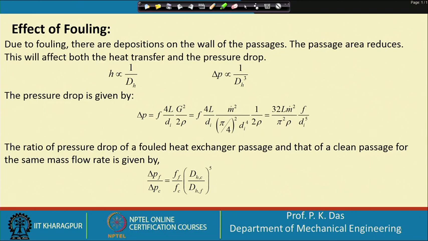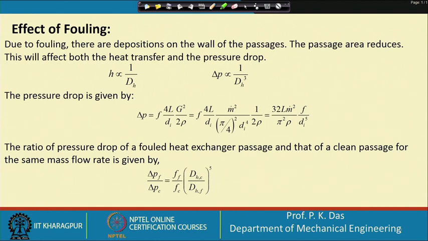If we consider that only the passage area changes, that is only the hydraulic diameter is affected, then from basic physics, heat transfer coefficient is inversely proportional to hydraulic diameter, and delta P, that is pressure drop, is inversely proportional to the third power of hydraulic diameter.